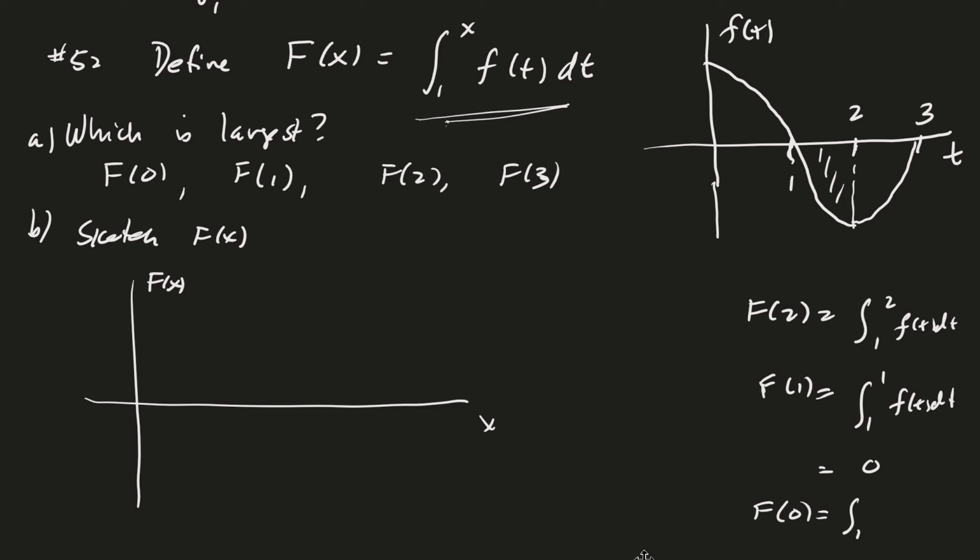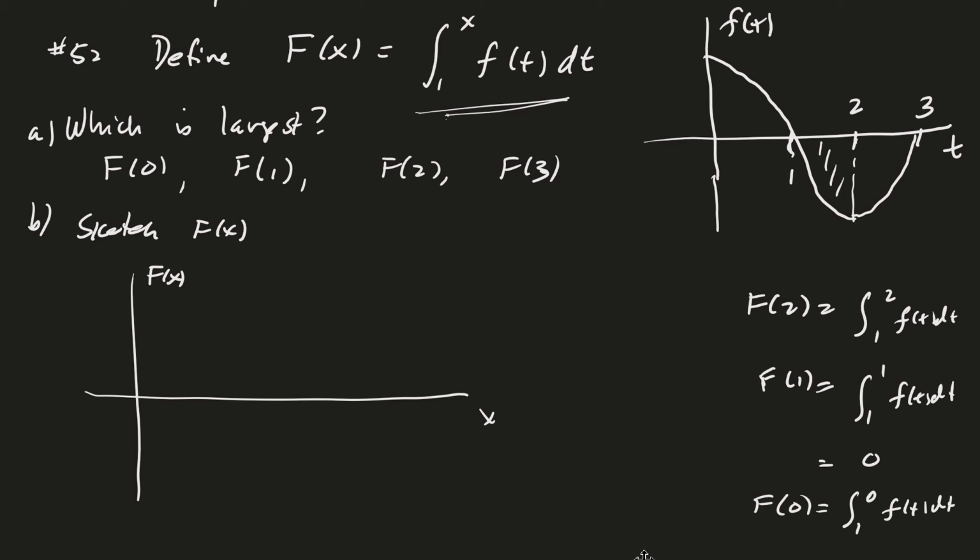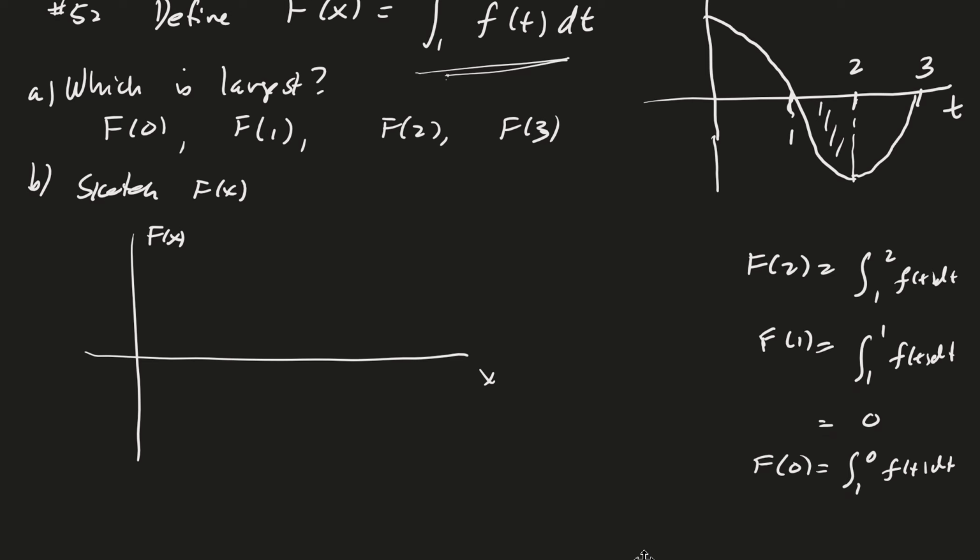That's the integral from 1 to 0 of f of t dt. And from this graph, you can see that the area from 0 to 1 is positive, but then what happens when you reverse your bounds? Yeah, this actually becomes negative. This was negative up here too. Good.